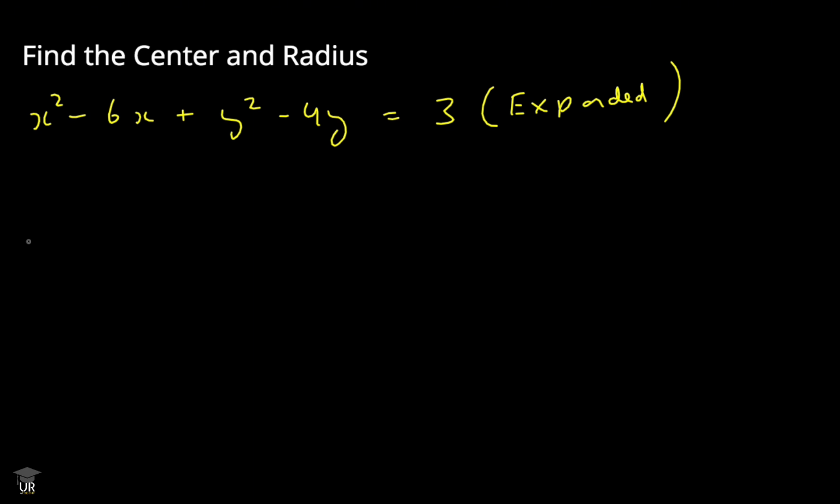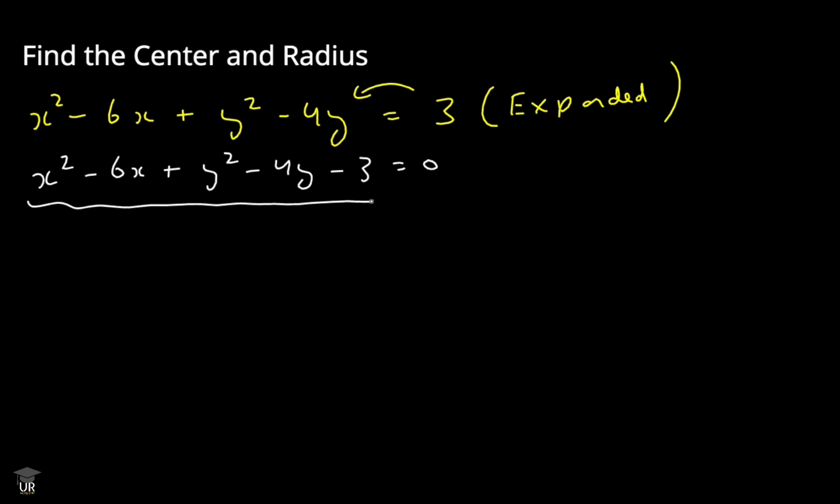But first, before using the short method, make sure that the 3 comes to this side so that all our terms are on the left hand side. So x square minus 6x plus y square minus 4y minus 3 is equal to 0. Now let's use the direct method.